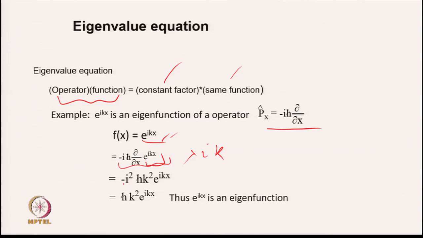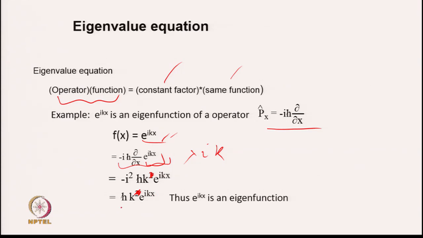And if you multiply by this, you will get minus i h cross k exponential i k x. And minus i times i is 1, so h cross k exponential i k x.